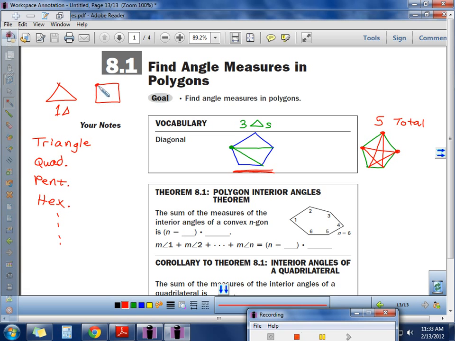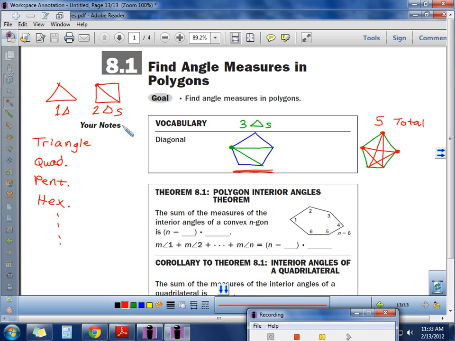From this vertex, just one vertex is what you're focused on. It just has one diagonal, creating how many triangles? 2 triangles. Well, we just did a 5-sided shape. It has 3 triangles. What do you think a 6-sided shape will have? 4 triangles.